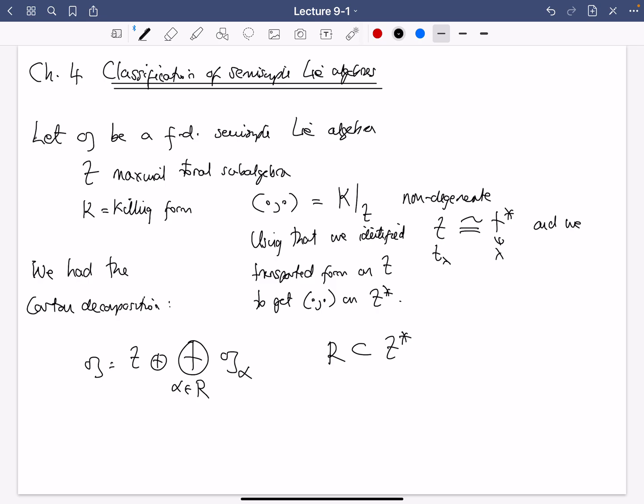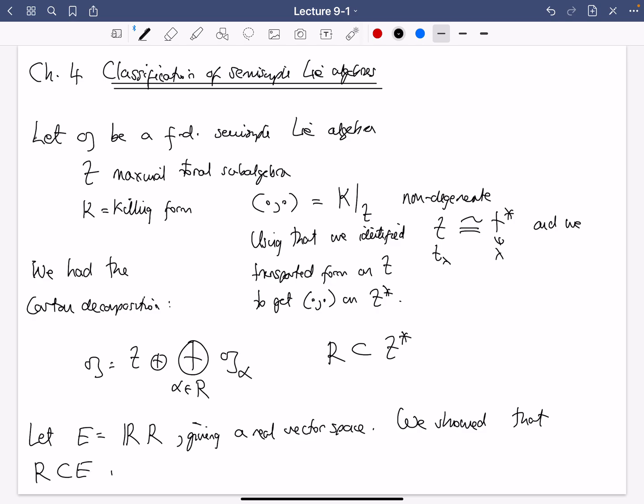But we did one more clever thing. We let E be the R-span of R to give us a real vector space. And we showed that R sitting inside E, plus the restriction of the form.